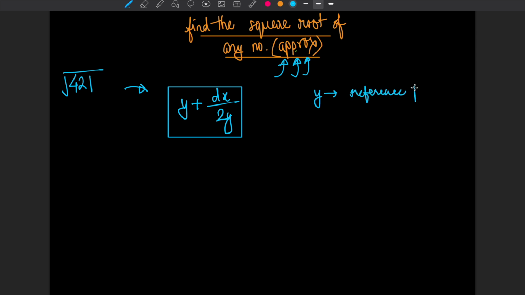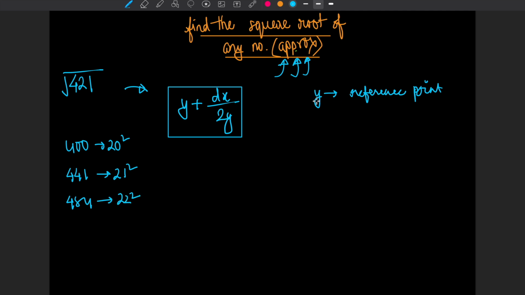reference point. What I mean by reference point is, we don't know exactly how much we'll get out of the square root of 421, but we know that 421 is very close to 400. That is 20 square, or 441, that is 21 square, or 484, that is 22 square.